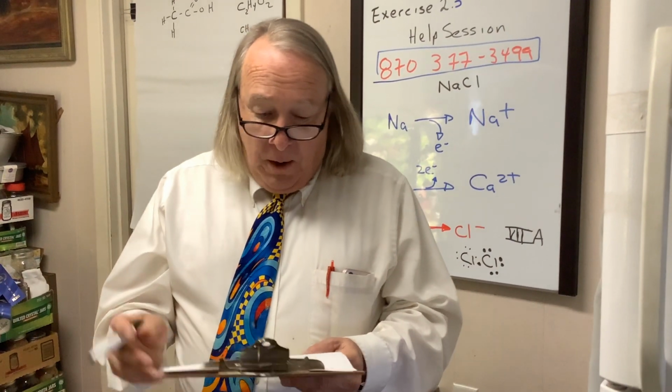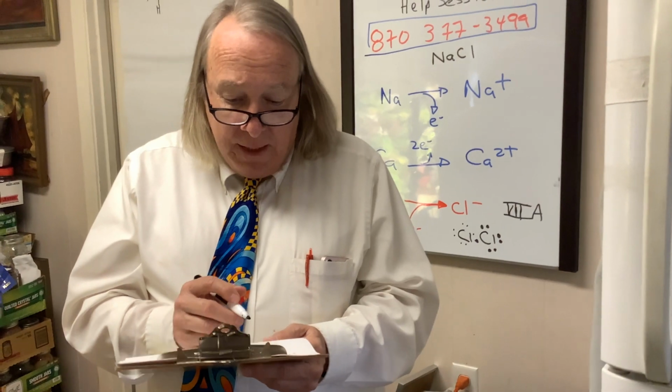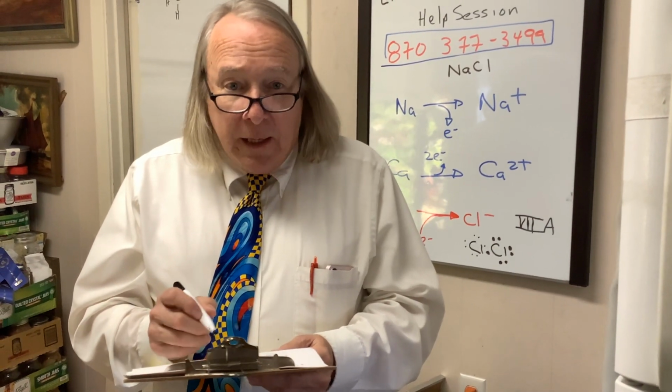And the next one says which are organic and which are inorganic. So the first one is, let's see, propanoic acid is what it looks like. And it is covalent because it's an acid. You wouldn't know that one.